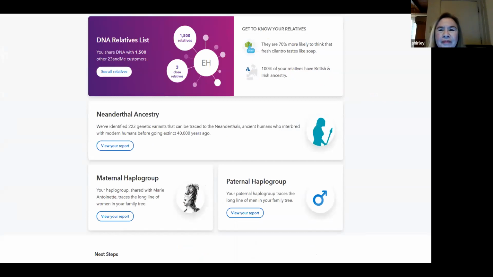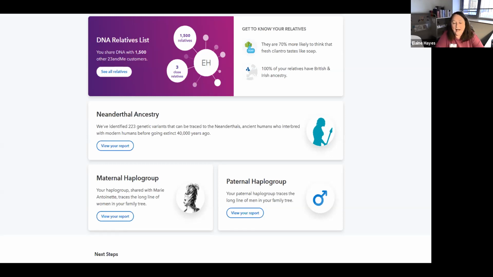I love cilantro, but anyway, they're 70% more likely to think that. So you can see how much Neanderthal ancestry you have, maternal haplogroup and paternal haplogroup. I don't have a paternal haplogroup because I don't have a Y chromosome, but I can look at my maternal haplogroup results.